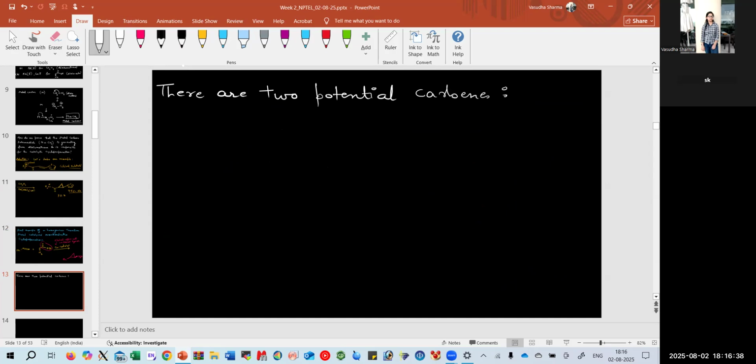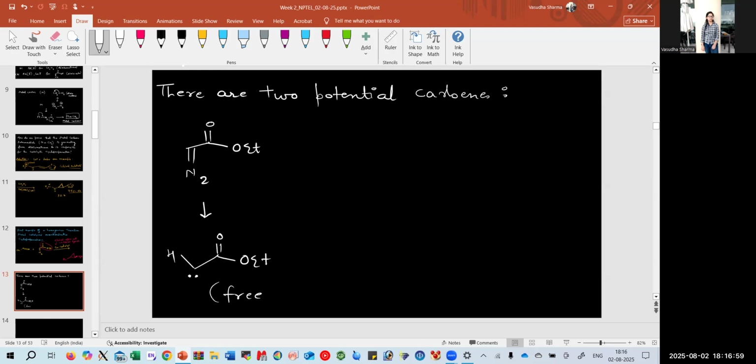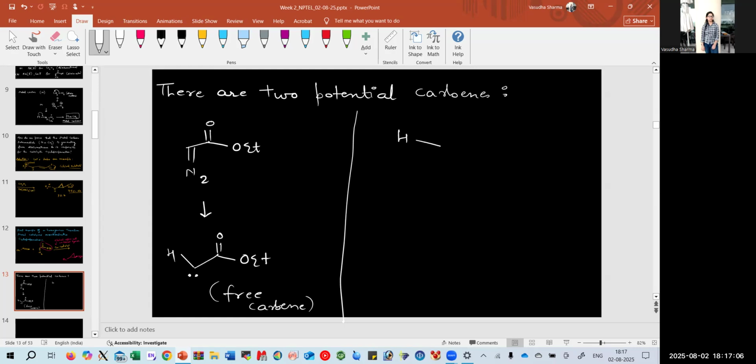In this case, one is, if you see, we have a diazo ester, and this will turn into a CH2 carbene with a double bond OEt. So this is basically your free carbene. Followed by that, we will be having the carbene which is formed with the metal center, like this way.